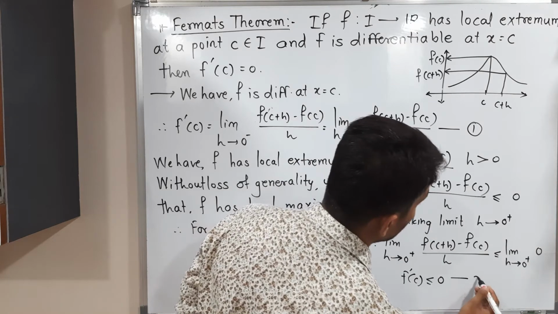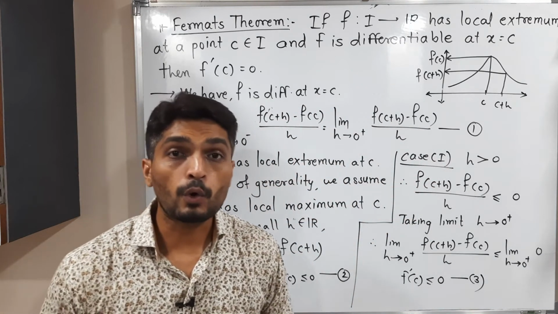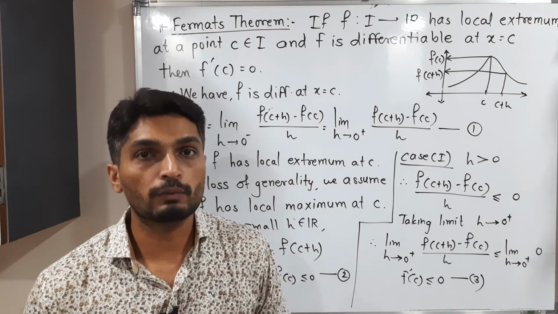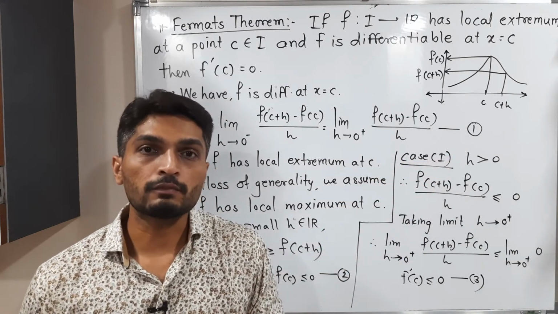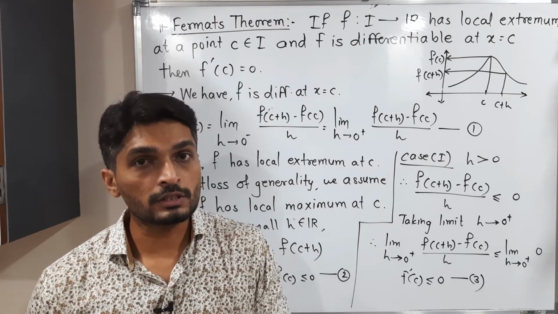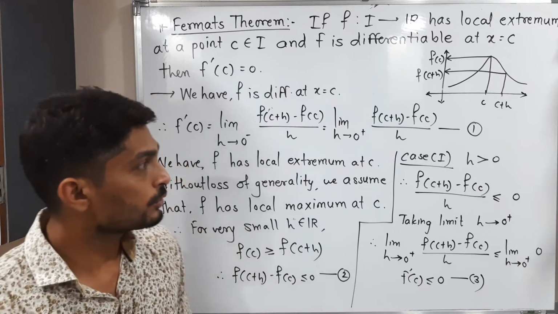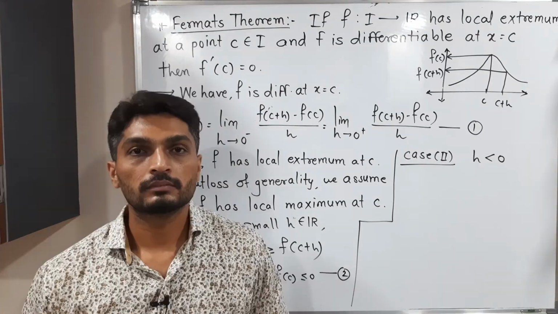I will call it inequality number 3. So for this case we have got f dash of c less than or equal to 0. Now we are going to discuss the second case, where h is negative. You can take a screenshot of it. After that, we will go for the next case.